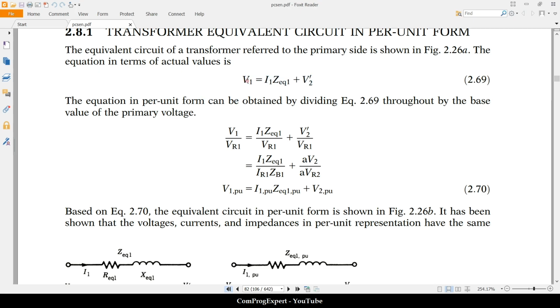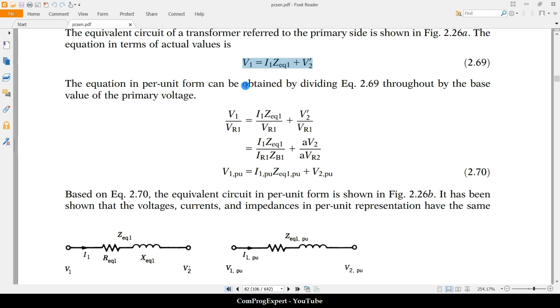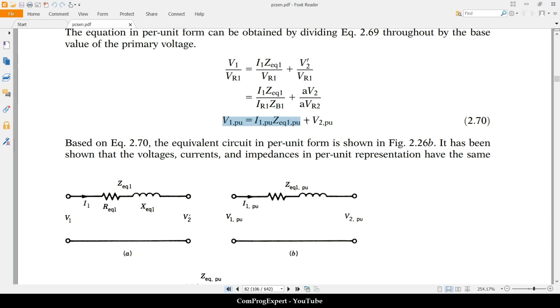form? Here we should divide these two sides by VR1 because this model is for the primary side. So we should divide two sides of this equation by the base voltage, that is VR1, rated voltage for the primary. So we will have this, you can do the math, and finally we will have this equation: V1 per unit is equal to I1 per unit, Z equivalent 1 per unit, plus V2 per unit.